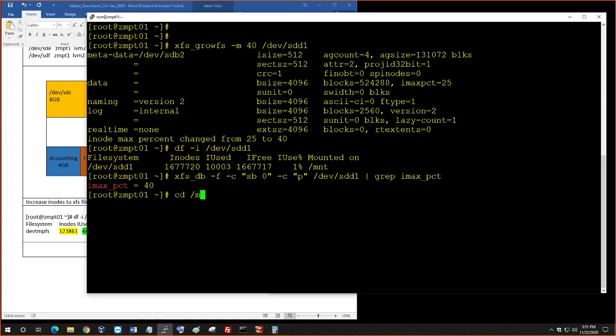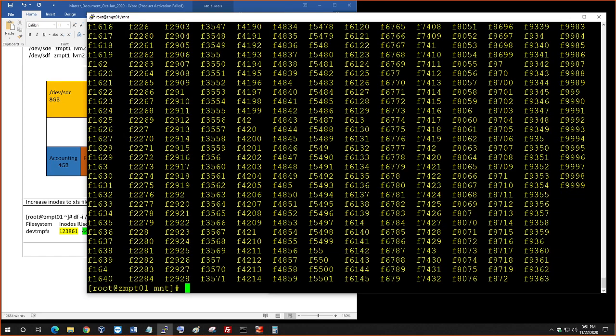Let's go into /mnt and see if the data is there. The data is there.